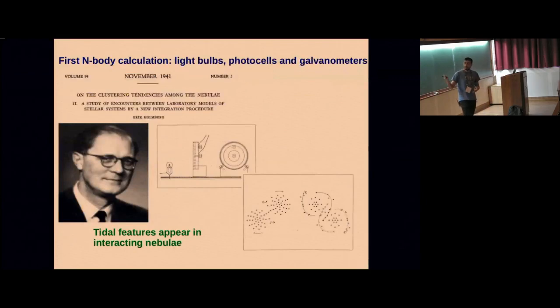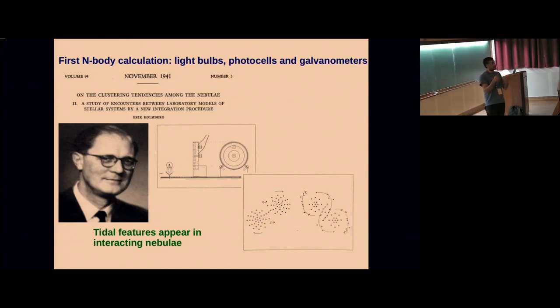So I believe the first ever numerical simulation was done by the Swedish astronomer Erik Holmberg at Lund Observatory. And the setup that he did was quite clever. It was on a table, and he put light bulbs on this table, and also photoreceptors that could measure the light that each light bulb was receiving from the others, as the luminosity decreases as 1 over distance squared, the same as gravity.